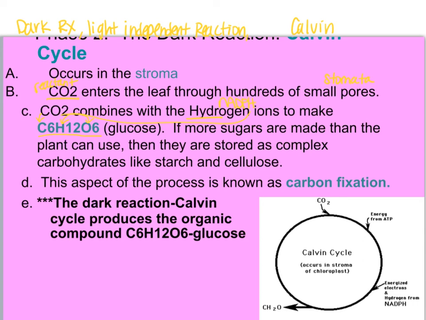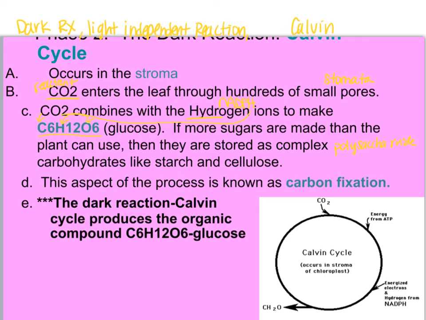Glucose is a monosaccharide. If we make more than we need, then we store it as a complex carbohydrate, a polysaccharide, like starch or cellulose. It just depends on the type of plant.